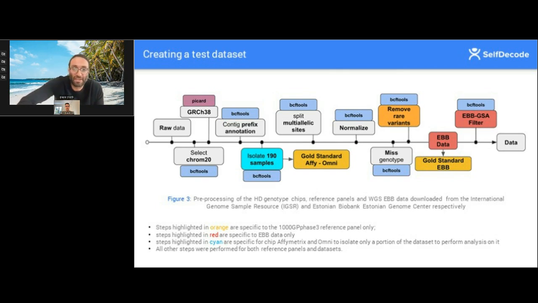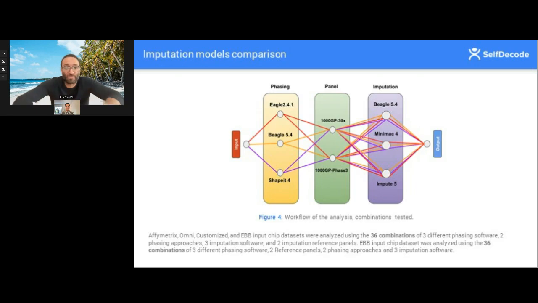And then what we did is we did all this processing, and then we tested out multiple variables. We basically did 3 different phasing algorithms versus 3 different imputation algorithms. Like I said, you'll notice Beagle 5.4 is in both of them. It's both a phasing and imputation algorithm. A lot of them, once again, are all Li and Stephens hidden Markov models, so it makes sense that you would use it for both.